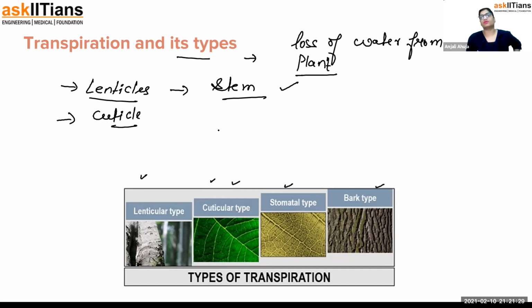If you remember, the cuticle is a very thin membranous part. In the very first part, when I was talking about photosynthesis, I explained that it is formed by the epidermal layer of the leaf. When extra water comes out from there, that's cuticular, and then there is stomatal.